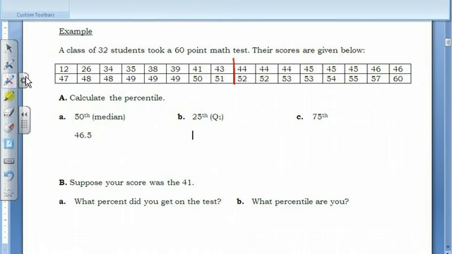So we matched up these and matched up these, 3, 4, 5, 6, 7, right here. The lower quartile is between the 43 and the 44 because it's the lower half of the data. The upper quartile is going to be between the 51 and the 52 because it's the upper half of the data.